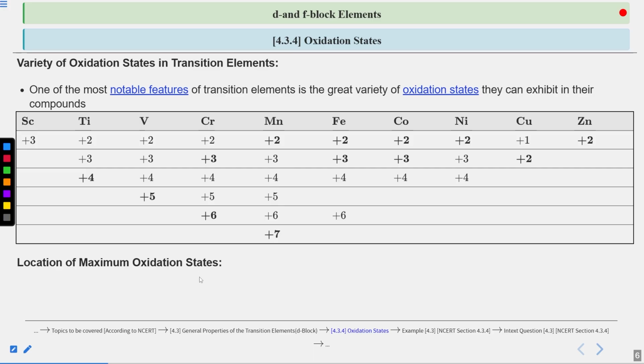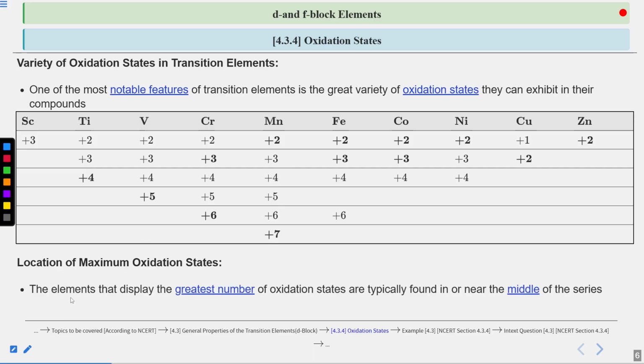So, the location of maximum oxidation states: the elements that display the greatest number of oxidation states in the transition elements are typically found in or near the middle of the series. You can see in this table that in the middle of the series we have manganese, which shows the maximum number of oxidation states, and near the middle, chromium and iron are also showing many oxidation states, right?